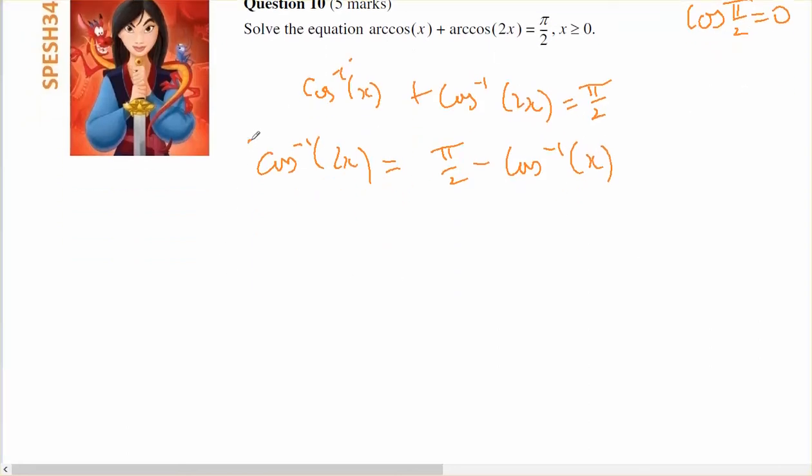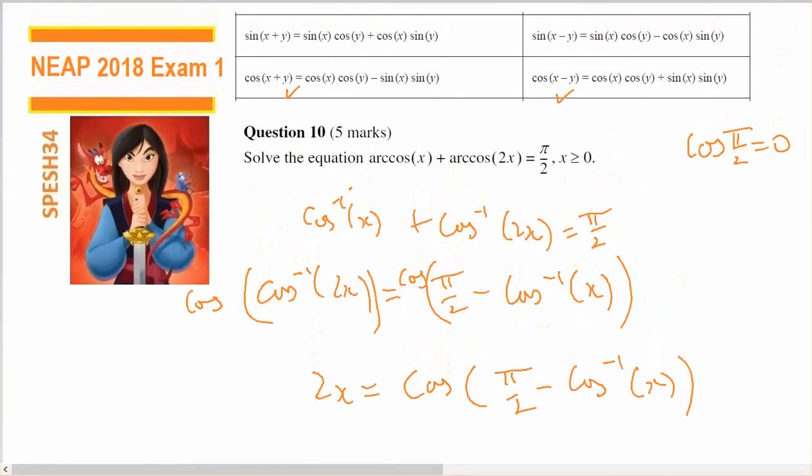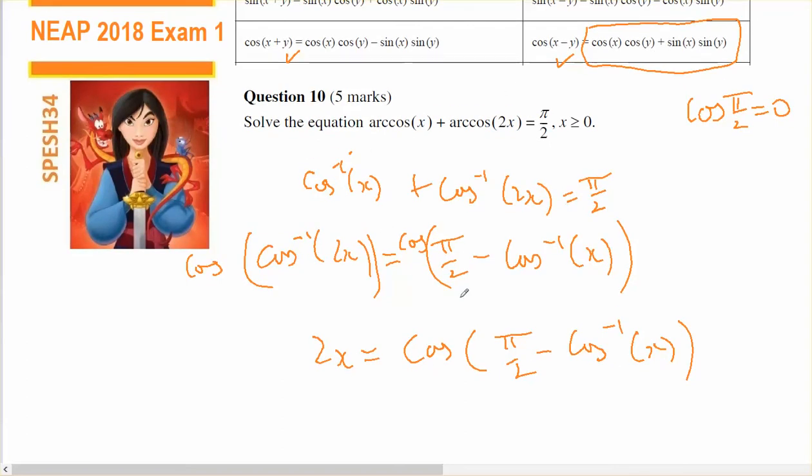Which means when I take the cos of both sides, the cos of the inverse cosine of 2x is 2x, and that's going to equal the cosine of pi on 2 minus the inverse cos of x. I'm now going to use this rule here. So x is going to be pi on 2 and y is going to be the inverse cos of x.